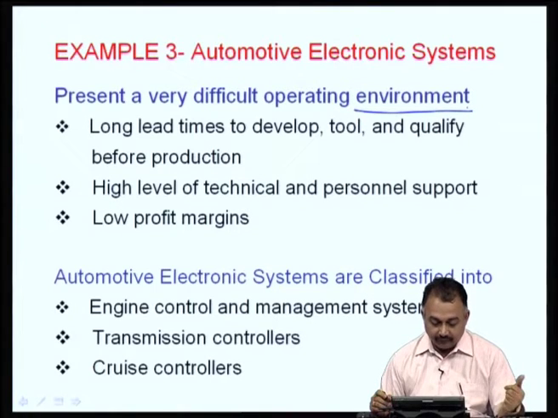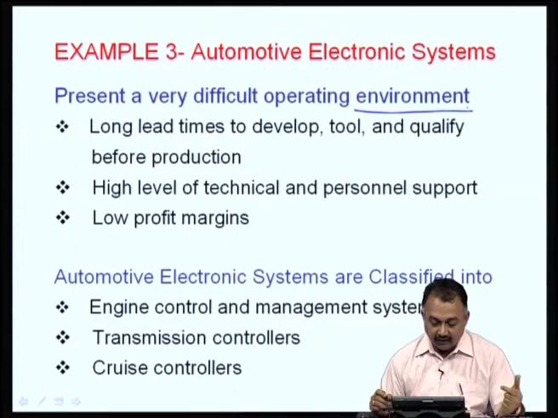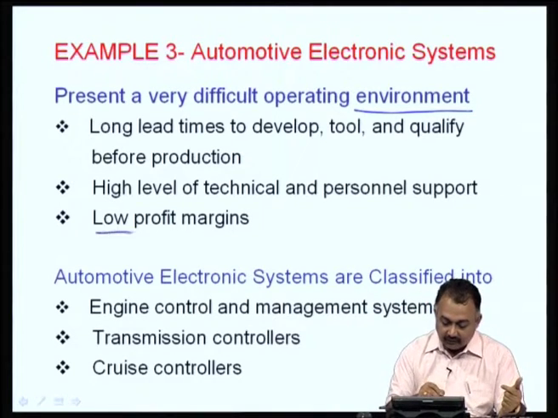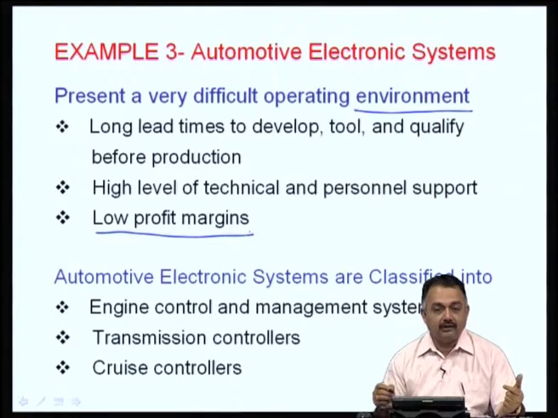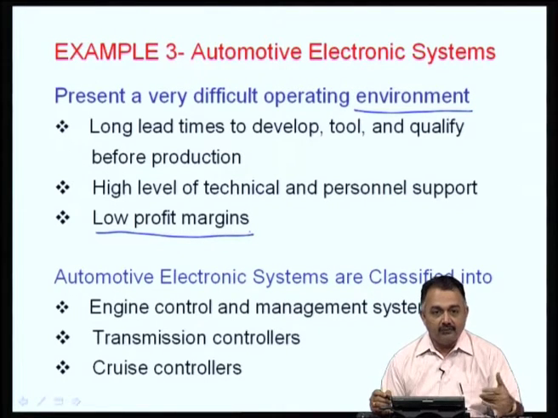Typically, there are long lead times to develop an electronic system for this application, develop tools and qualify before production. High level of technical and personal support is required, and low profit margins. Why do we say low profit margins? Because if you compare the cell phone or mobile phone industry, the volumes in automobiles are definitely less compared to the other industry.